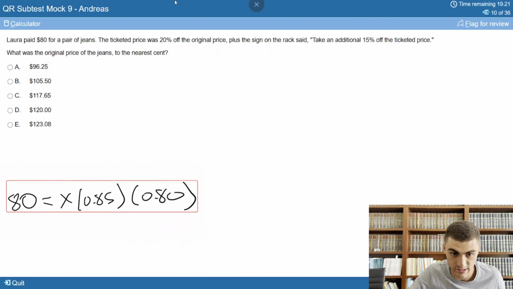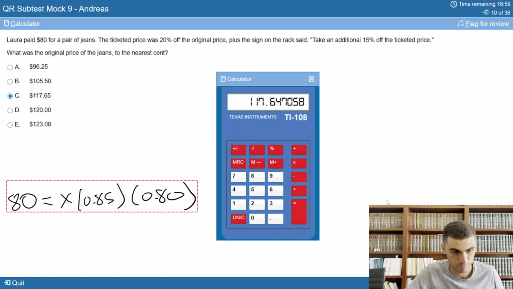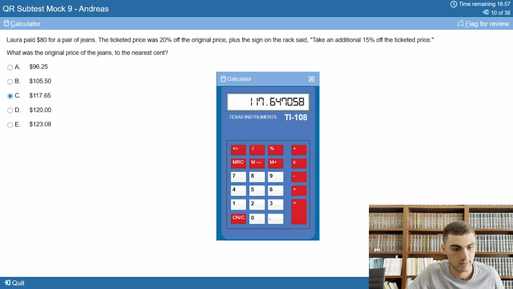So the market price, let's say we're 0.8 and 0.85, so you just do 0.85 times 0.8, so it's 0.68, and we divide 80 by that, and we get 117.65, so 10 is C.